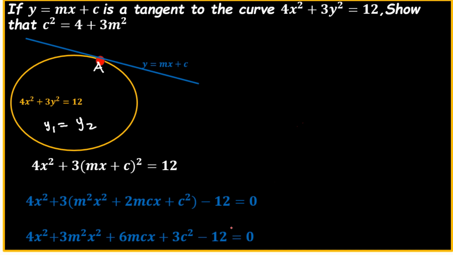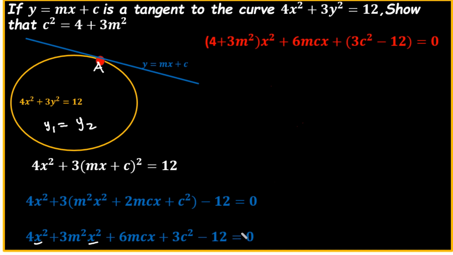After doing that, I'm going to form a quadratic equation in terms of x. So I'm going to group terms with x squared together. I have 4 plus 3m squared, close brackets, I multiply it with x squared, then plus 6mcx, then plus the constant terms, that is 3c squared minus 12, everything is equal to 0.